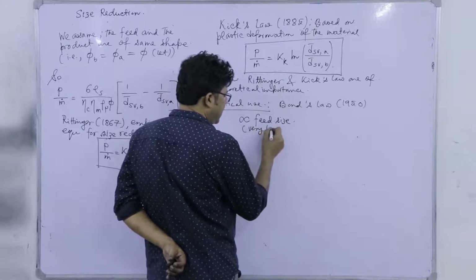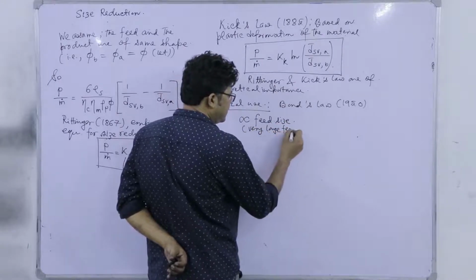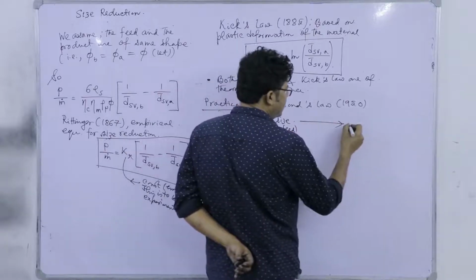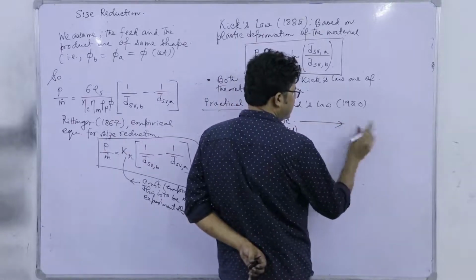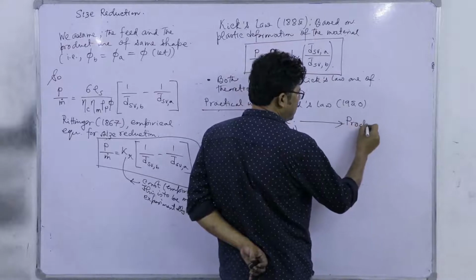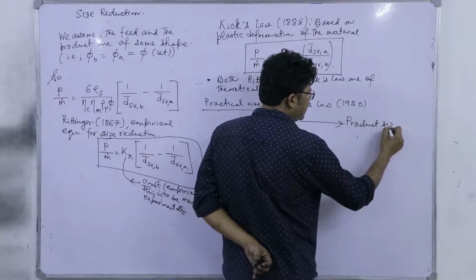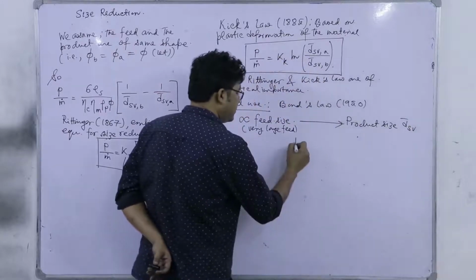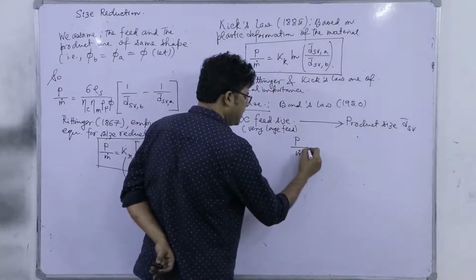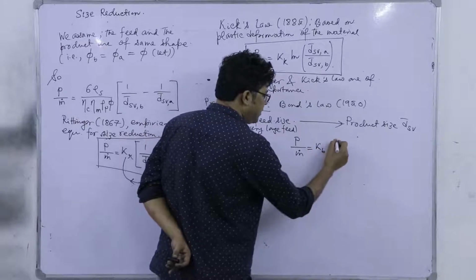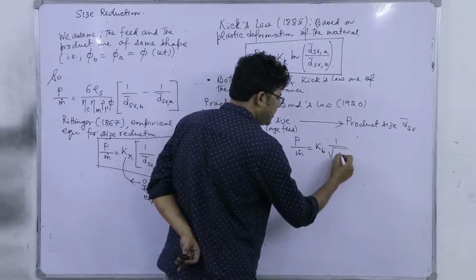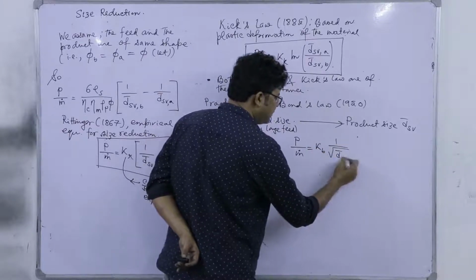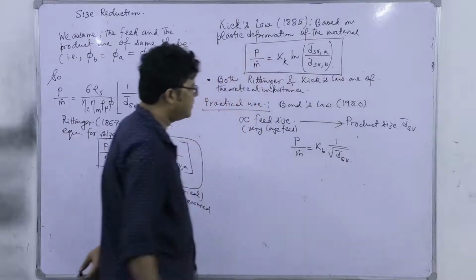We reduce it to a product size d bar SV. So according to Bond calculation, P by m dot is equal to Kb into 1 divided by under root of d bar SV. That's the original Bond's law.